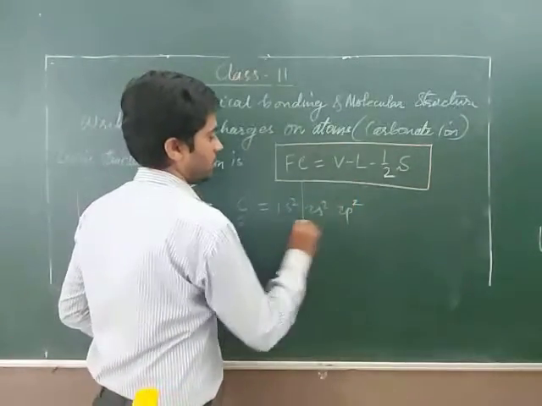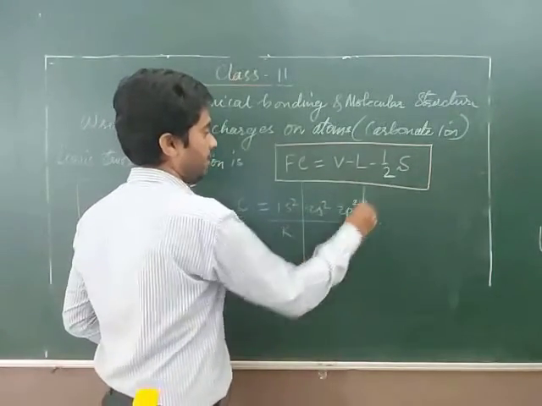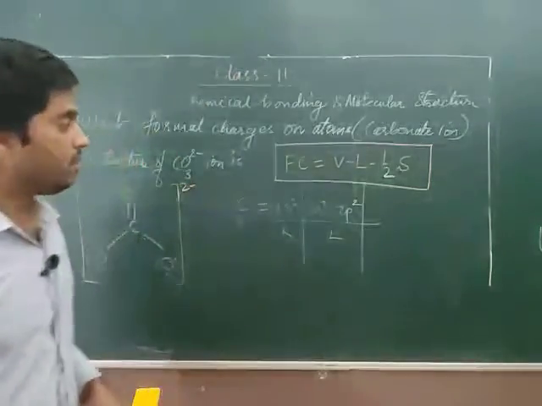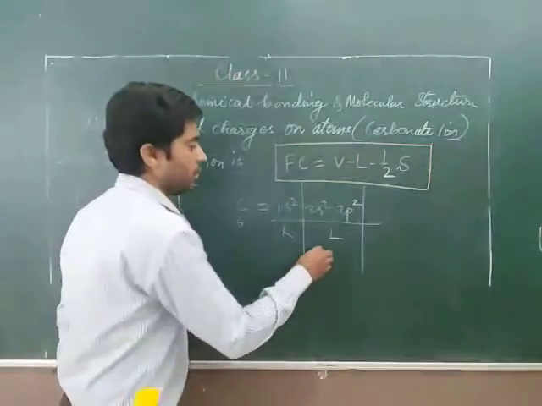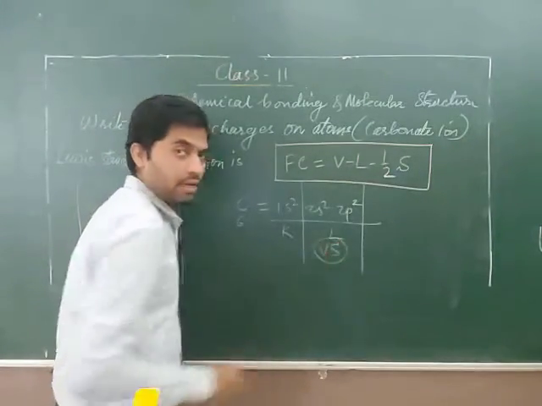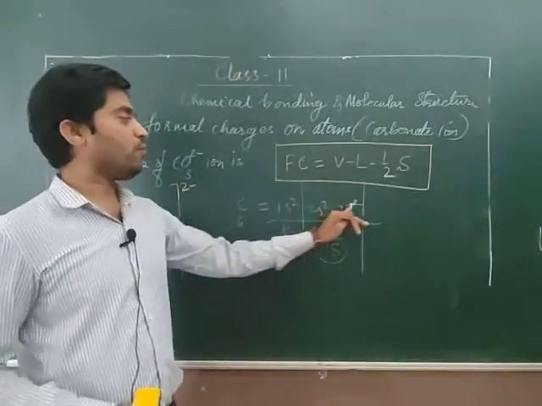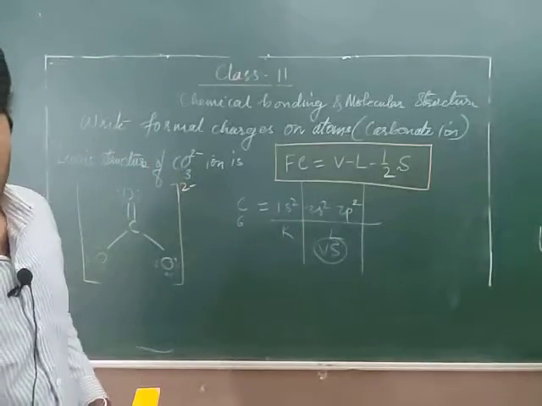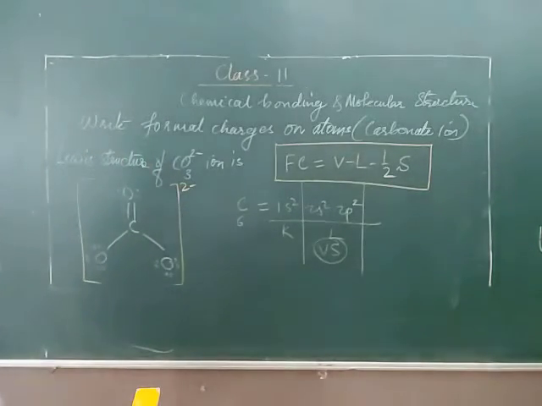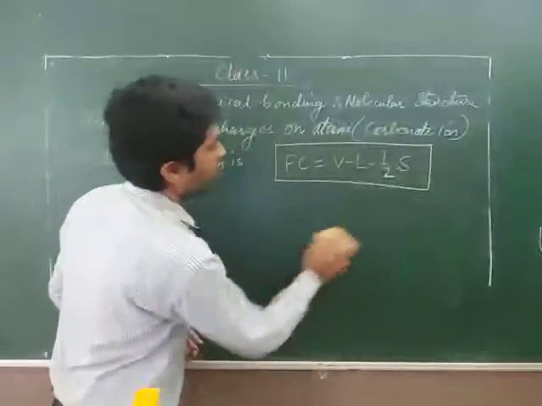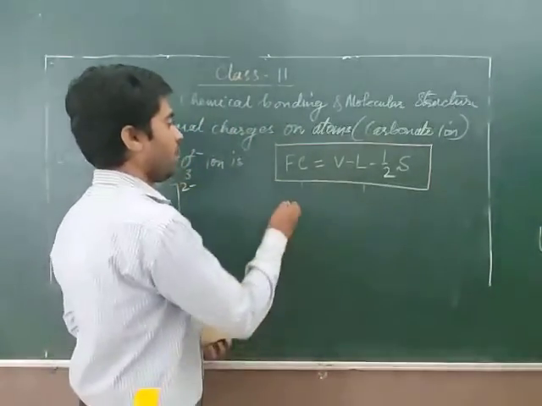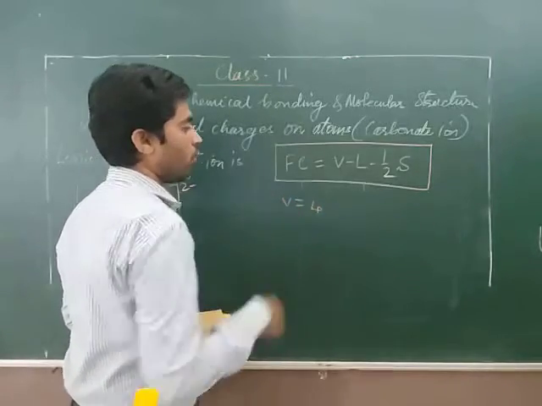Two electrons are in the K shell and four electrons are in the L shell, so this is the valence shell, and the valence shell contains 4 electrons. So the value of V is 4.